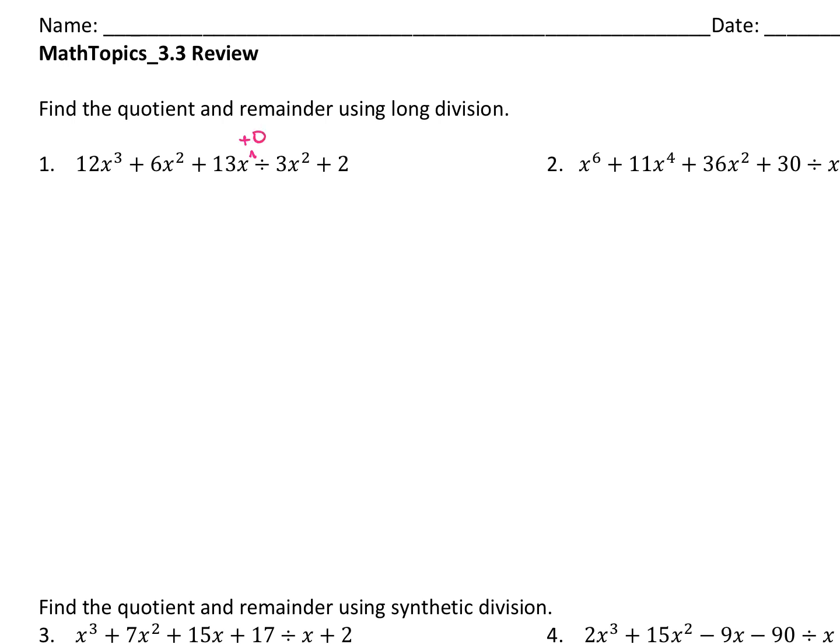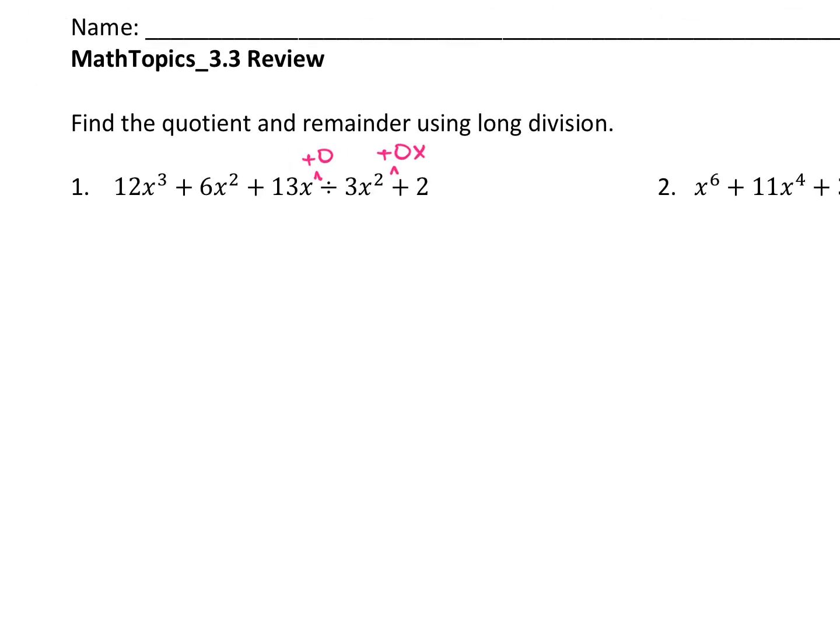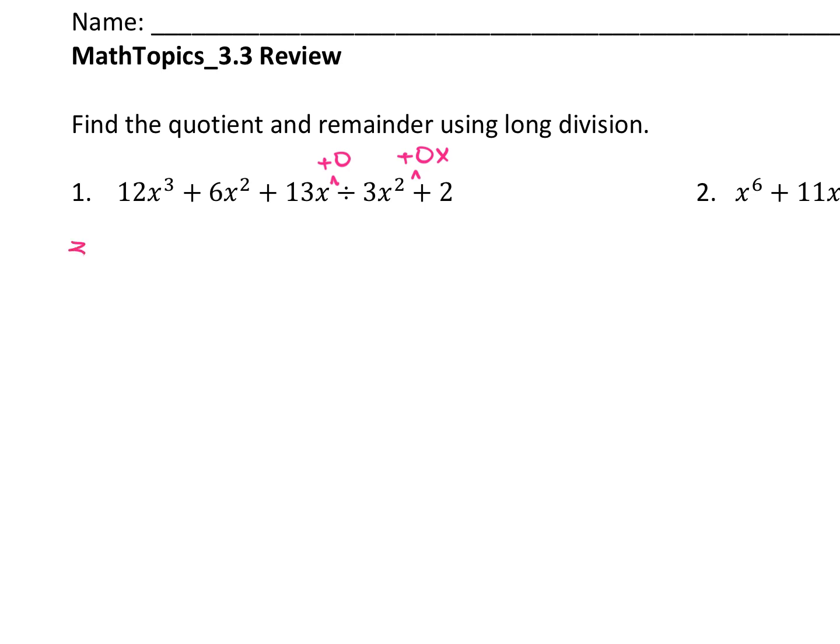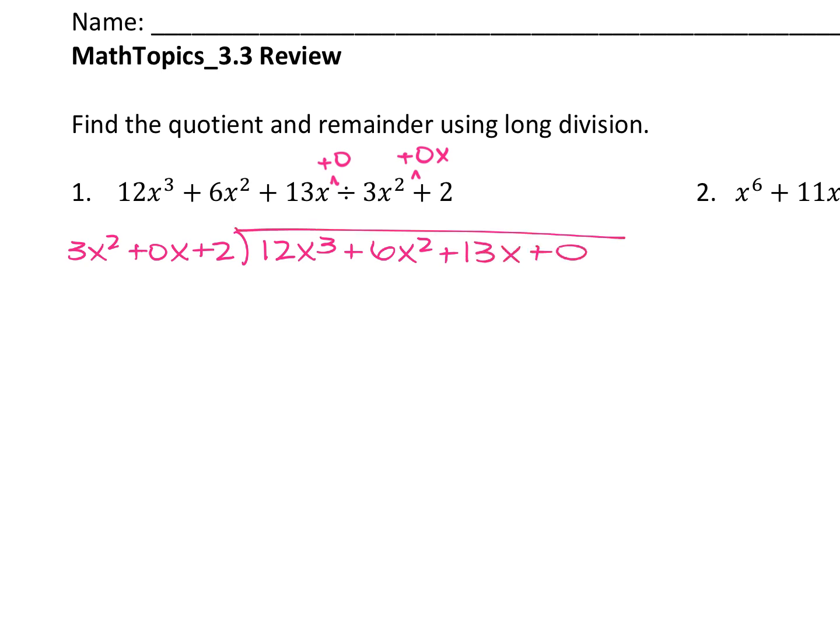With the 3x squared plus 2, you're missing an x, so we're going to add in a 0x. So this means that you are going to do 3x squared plus 0x plus 2 on the outside, 12x cubed plus 6x squared plus 13x plus 0 on the inside.